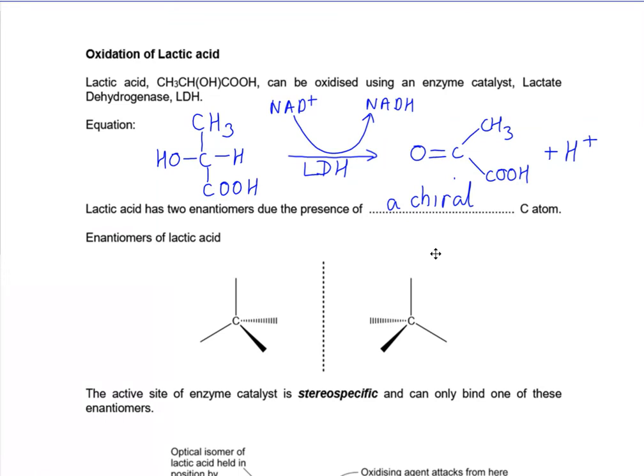The lactic acid has to be converted into another chemical before it can be processed by the body. Lactic acid has two enantiomers because it contains a chiral carbon, one that is attached to 4 different atoms or groups. Draw the two enantiomers of lactic acid.